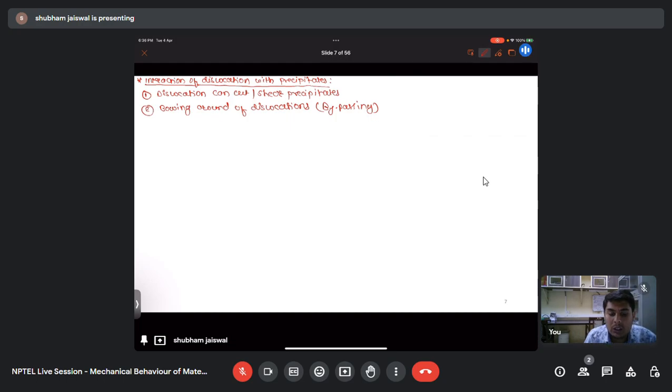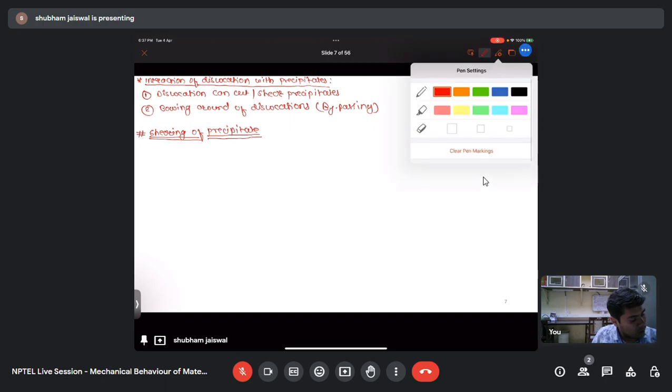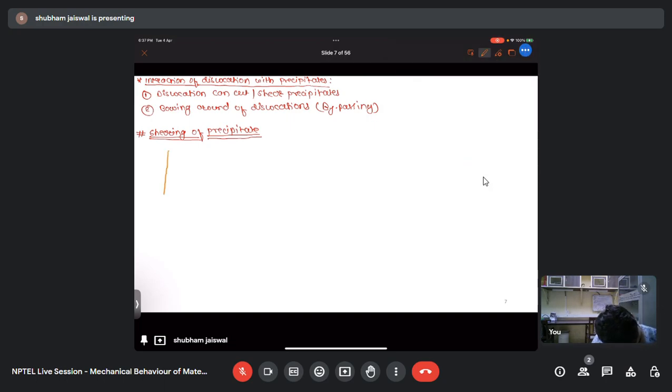So first, let's see the shearing of precipitates, where the dislocation can cut. So let's see here. I have a dislocation, something like this, and here this is my precipitate.